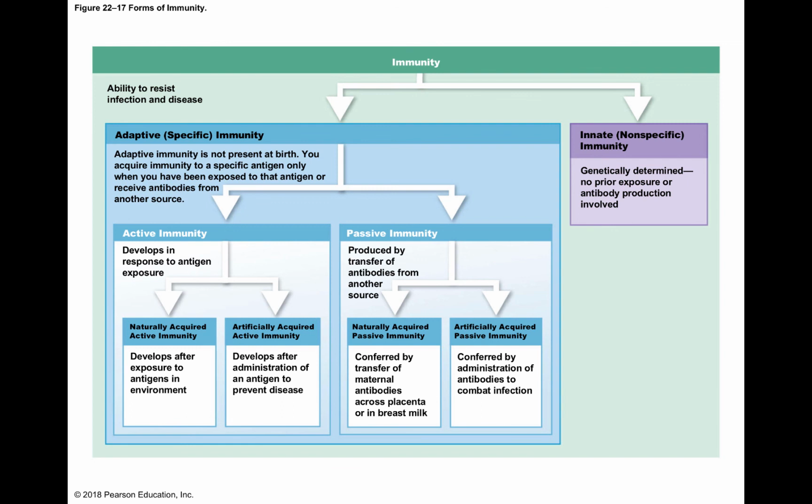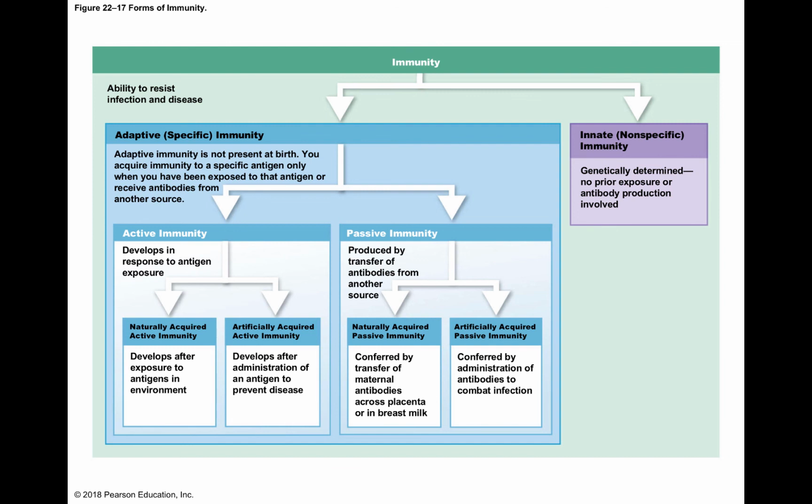Naturally acquired passive immunity. So when would a person receive antibodies through the environment? By how? By breastfeeding, right? Antibodies can cross over the placenta too, but by nursing, right?